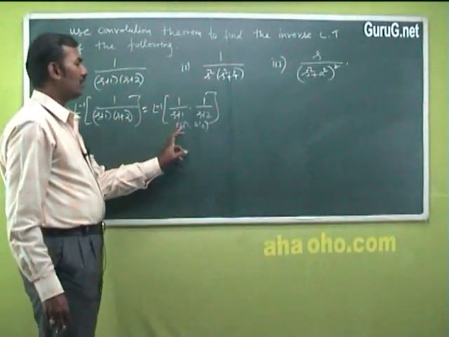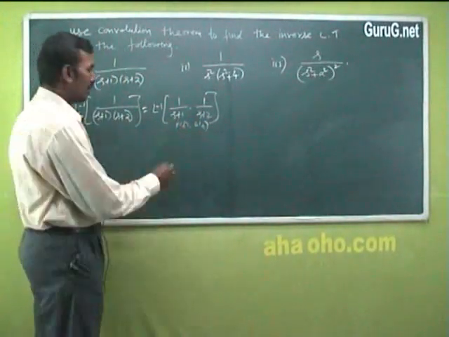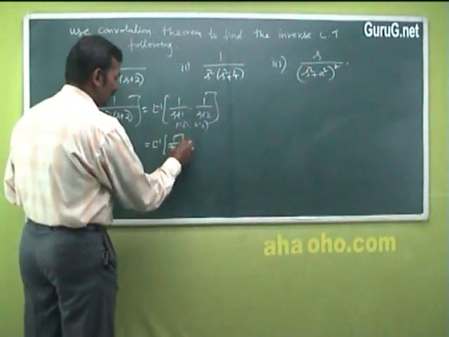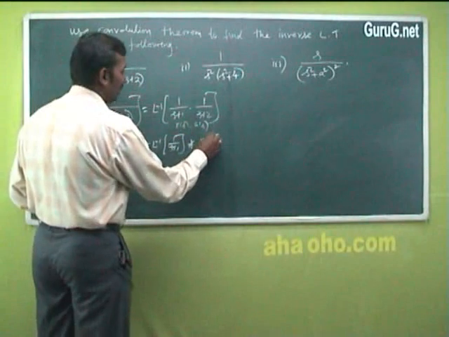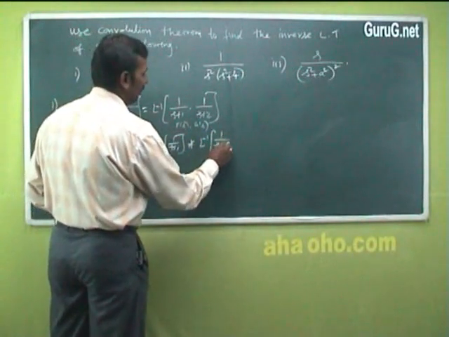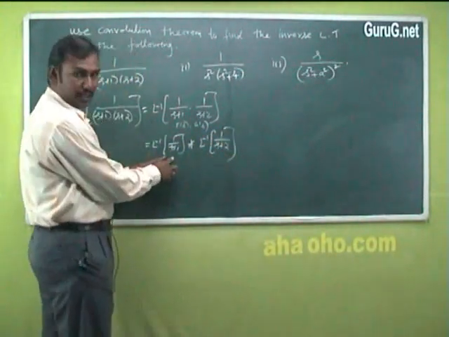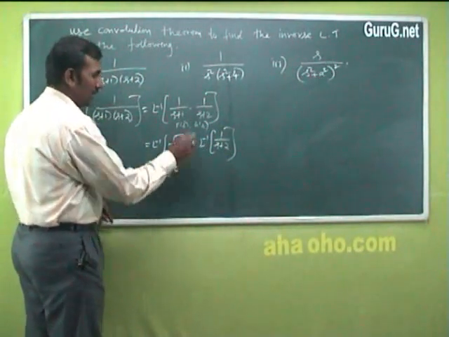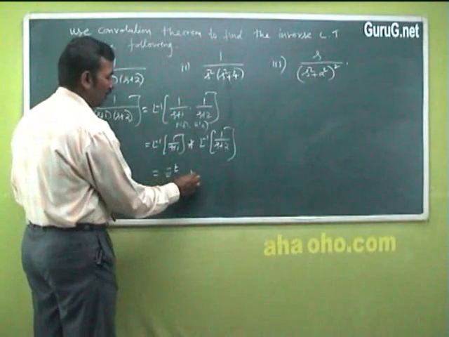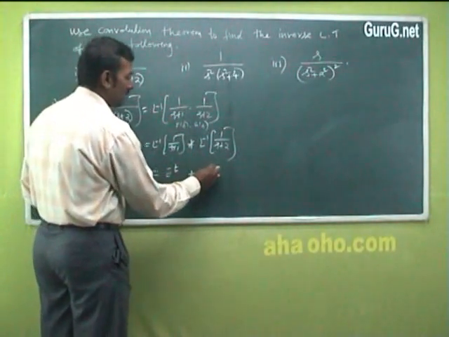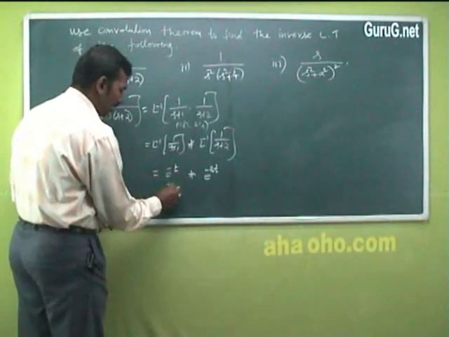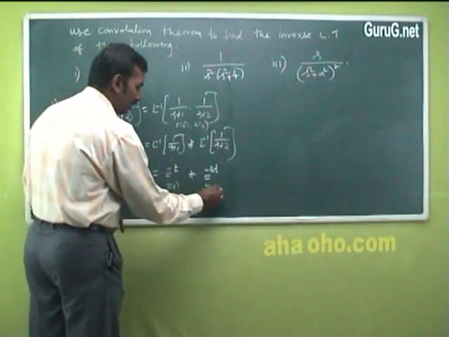L inverse of f of s into g of s is L inverse of f of s star L inverse of g of s. So by the formula, 1 by s plus 1 gives e power minus t, star e power minus 2t. So this is f of t and this is g of t.